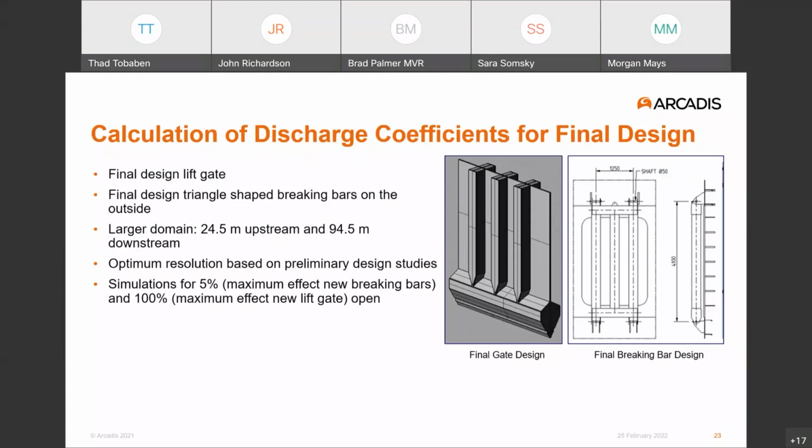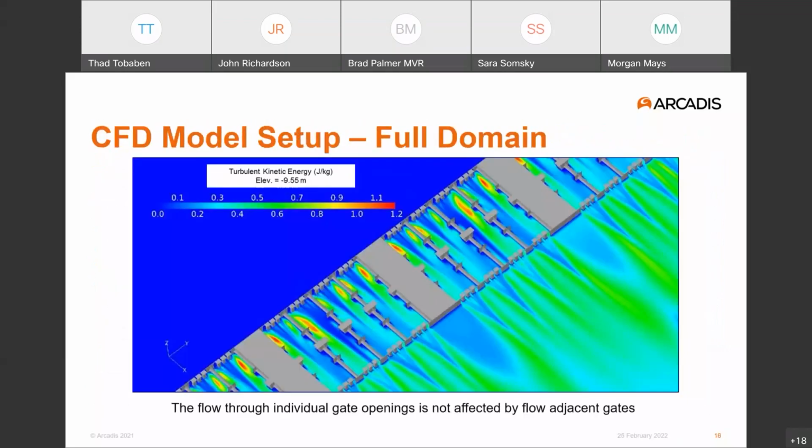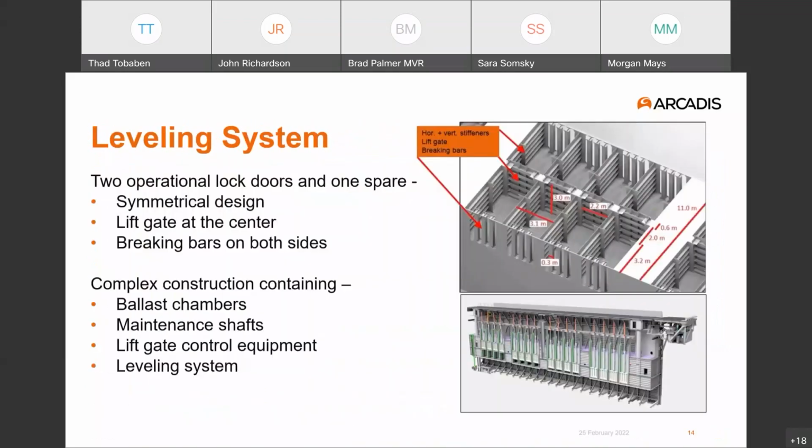The thinking was this, and the slide that I've moved to might not be the best one, but if you were imagining these doors, maybe I'll go to a slide that just shows the doors themselves. If we look at the image at the upper right, you have these three vertical slats that cut across the opening through which the leveling flows will go.